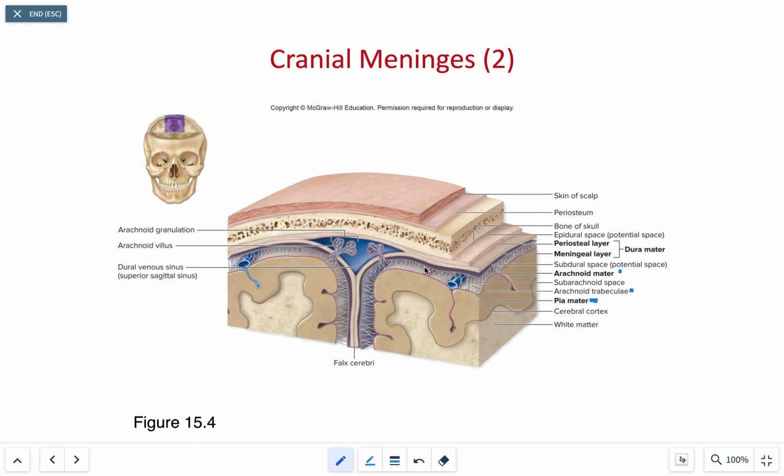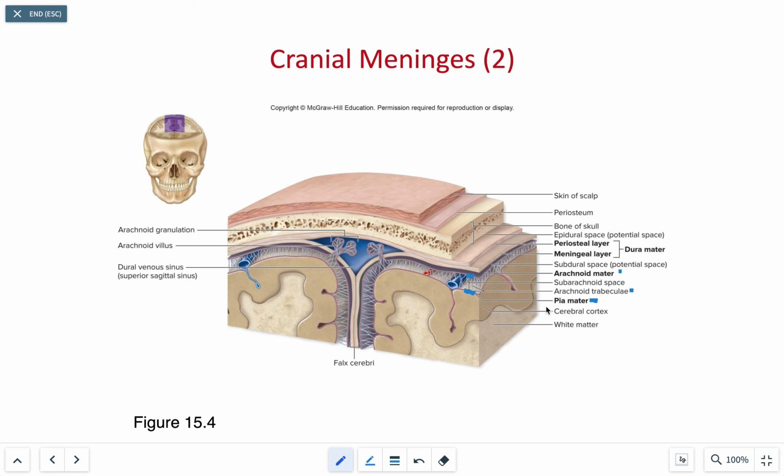And this is going to be important to maintain the opening for cerebral spinal fluid to eventually flow through the villi and into the venous system. The arachnoid trabeculae is holding open the subarachnoid space, so this region from here to the top of the pia mater is considered to be the subarachnoid space.